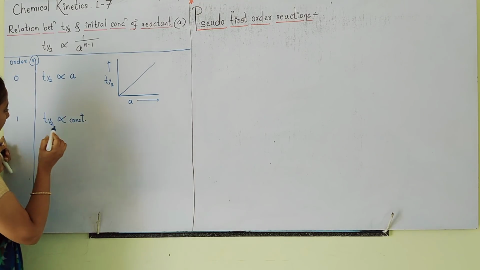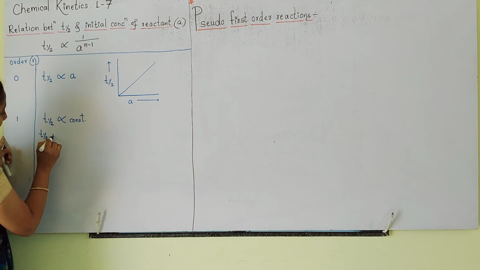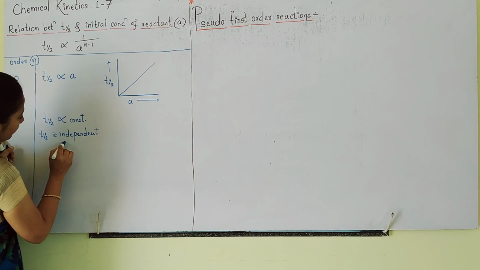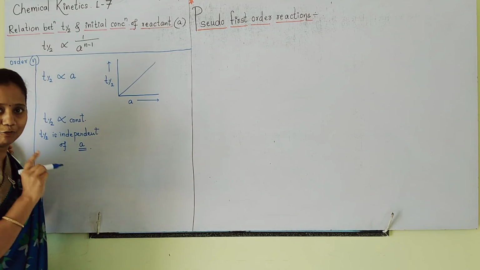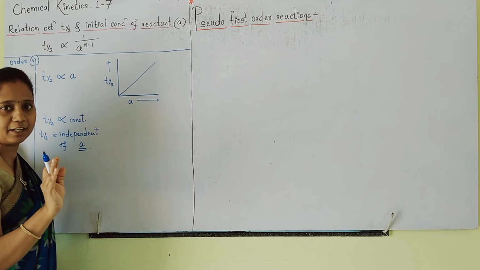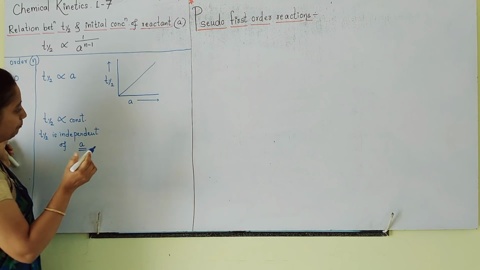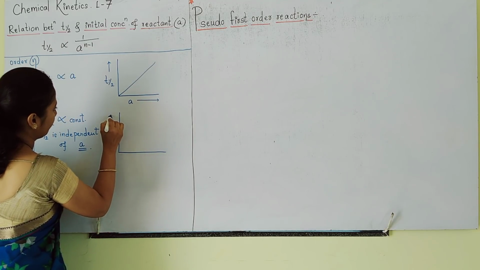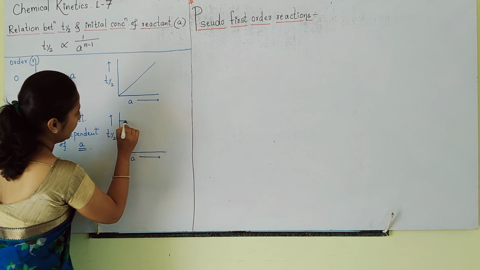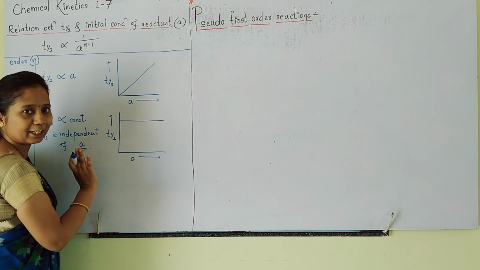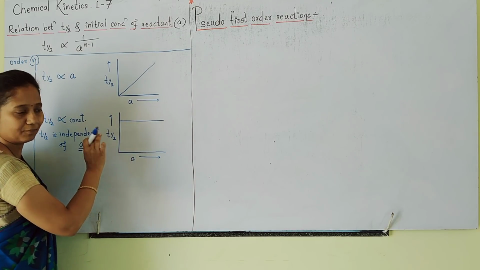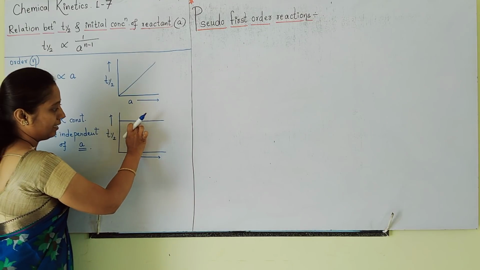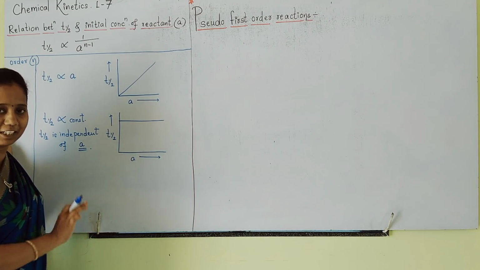Thus you can say that half-life is independent of initial concentration A. For first order reaction, half-life is independent of initial concentration of reactant A. See here, if we have to plot the graph, whatever is the concentration of A, half-life is constant and it is not at all changing along with change in concentration of A. Whatever is A, half-life remains constant. Graph understood, students?